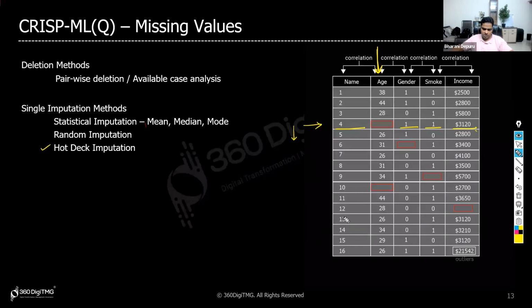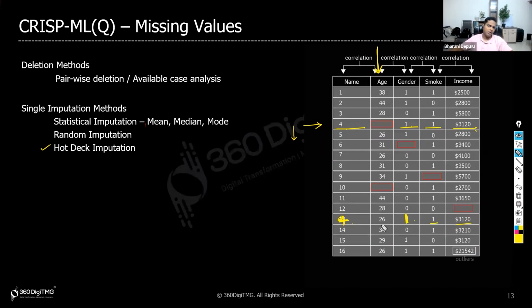And suppose it finds that, hey, this is also employee 4. I mean, the employee name is the same. And then if you also have 1 here, for example, then 4 and 4, 1 and 1, 1 and 1, 3120 and 3120.